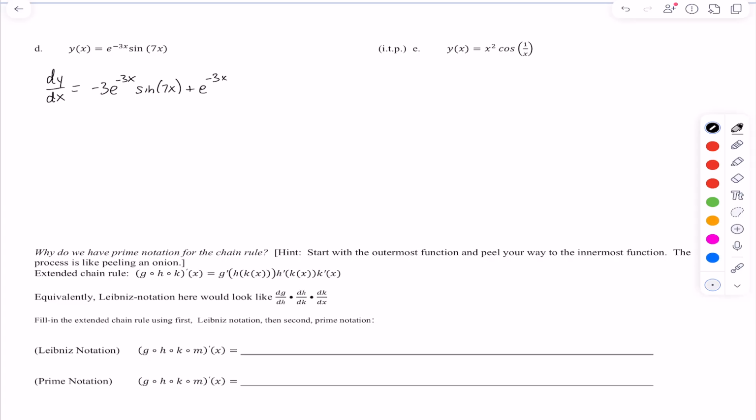And inside that product rule, you're going to go ahead and use the chain rule. Once you realize that you're doing that, you're going to go ahead and simplify your answer by factoring out the greatest common factor.